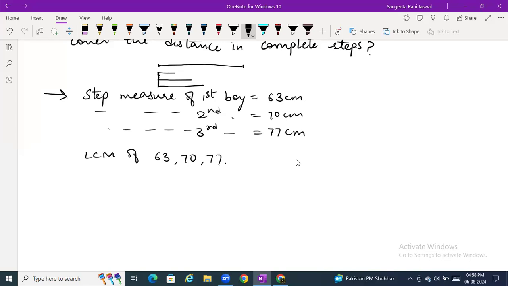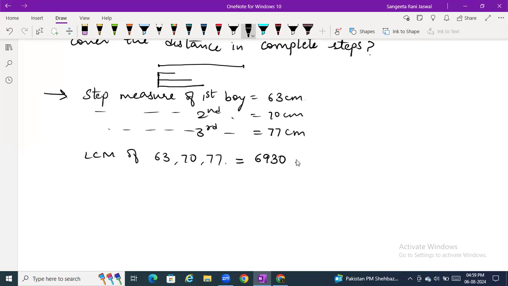Okay, what is the LCM? Ma'am, 6930. All got the same? So LCM of these three numbers is 6,930.